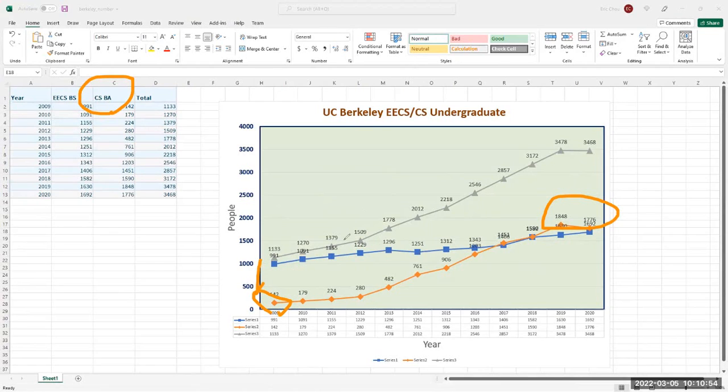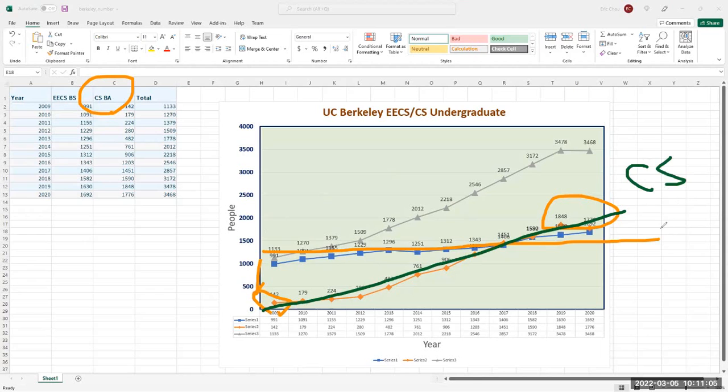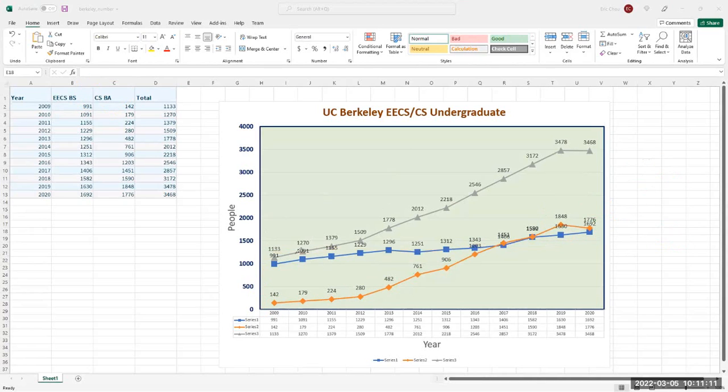EECS stays almost the same, and computer science admission grows like this. The CS major has grown past EECS students now, but EECS stays the same amount. And then the total number of students keeps growing.